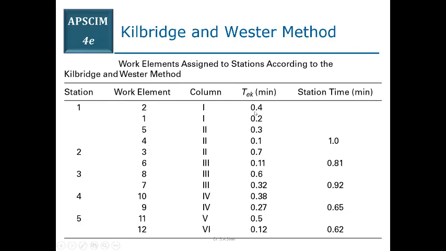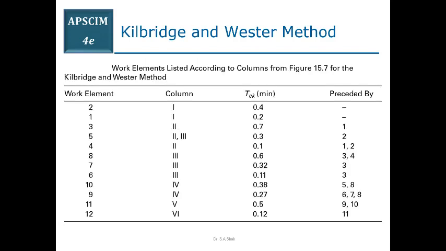And here it is 0.4, so the total slot time will be 0.4, and still we have 0.6 minutes left. So again we will start from the top of the table and look for the second feasible element.